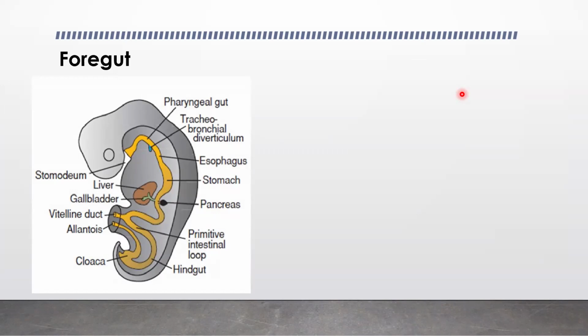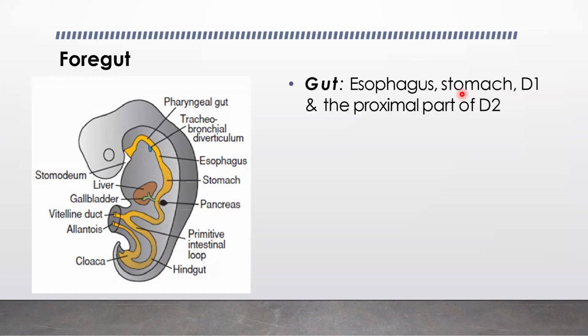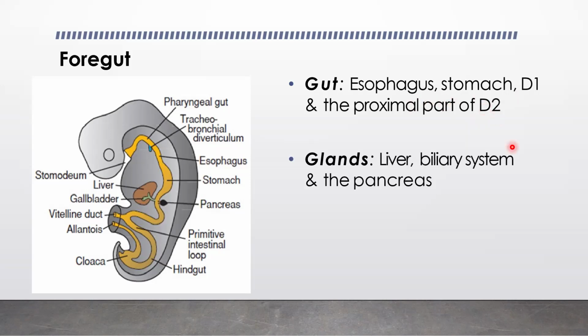But let's talk about the foregut. The foregut, we've talked about, is the region from the pharynx up to the second part of the duodenum. So that is the esophagus, the stomach, D1, that is the first part of the duodenum, and the proximal part of D2. The glands that come from the foregut are the liver, the biliary system, and the pancreas.